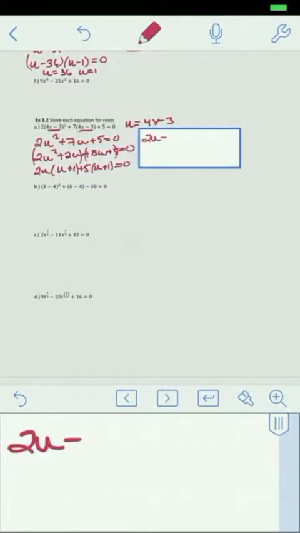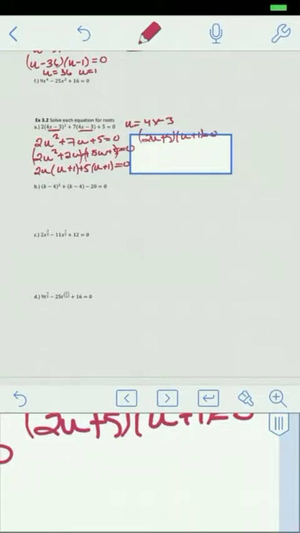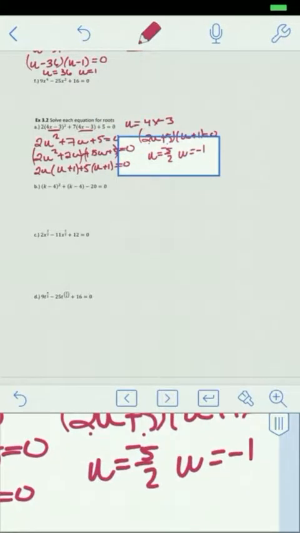Over here I get 2u plus 5 and u plus 1 is equal to 0. So either u is equal to negative 5 halves, or u is equal to negative 1. Now we substitute back in.